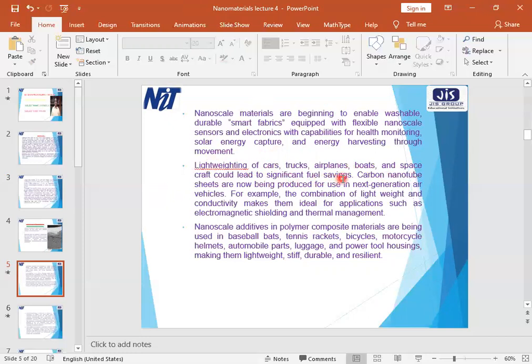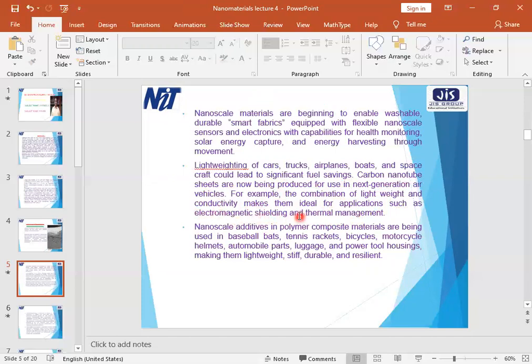If they are lightweight, then fuel will be saved. So carbon nanotubes, you have just learned about that in the last class. Carbon nanotubes are now being produced for use in next generation air vehicles. The combination of lightweight and conductivity makes them ideal for applications such as electromagnetic shielding and thermal management.